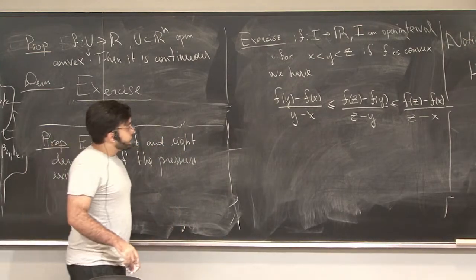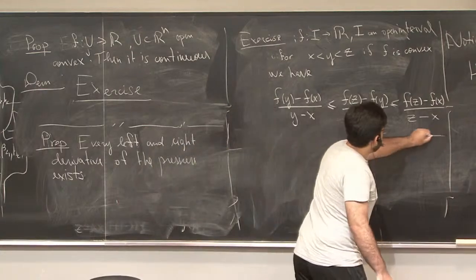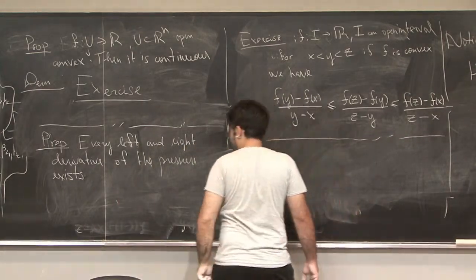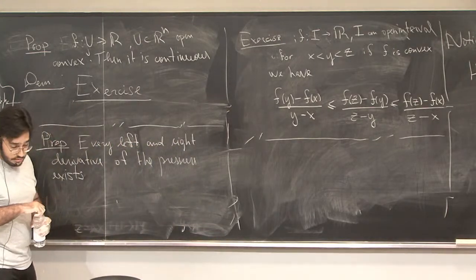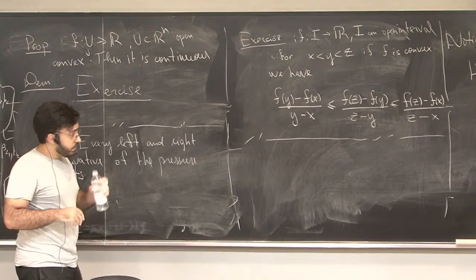Okay. So I will use this property of convex functions to show the existence of the derivative.